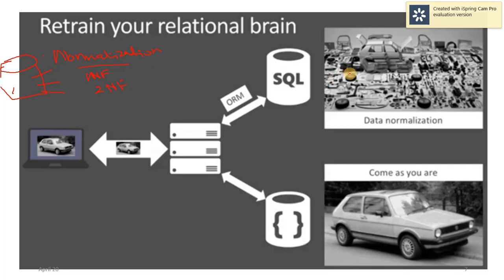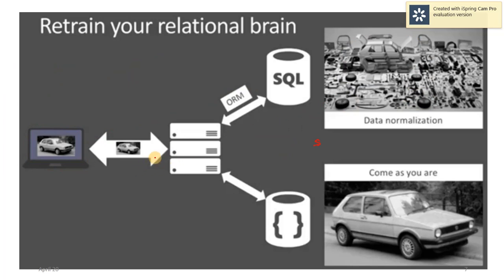So this is what we call tearing them apart. So for example, we have a car here. When it goes to relational modeling, all of this will be pulled apart. So for example, you have a body here, and then the tires here. Then only these will be joined by using queries.